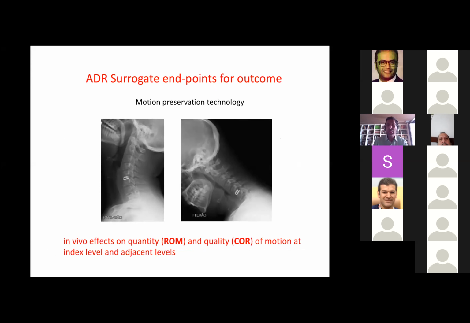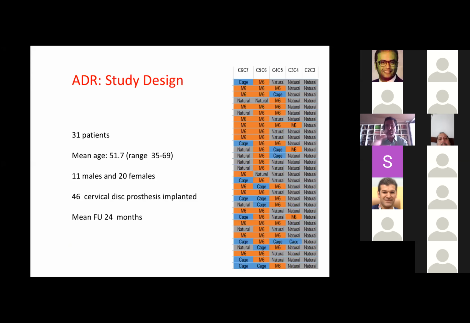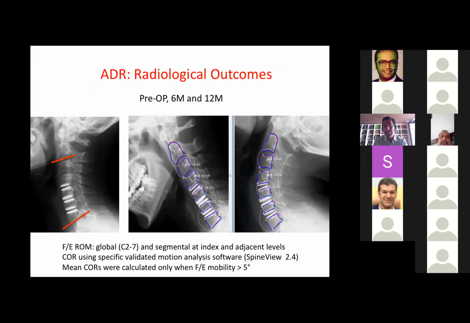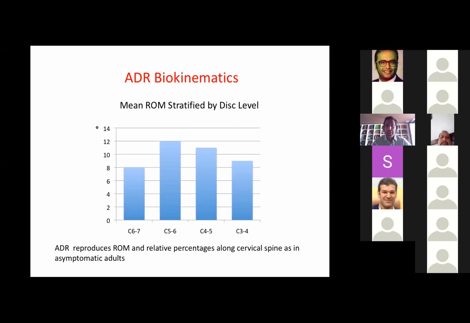And this is what we did in a small study from one of my PhD students, looking at 31 patients with different designs of disc prosthesis, enrolling 31 patients with 46 implants, with follow-up of 24 months. We looked at the mobility and the radiological outcomes in terms of center of rotation and ROM.